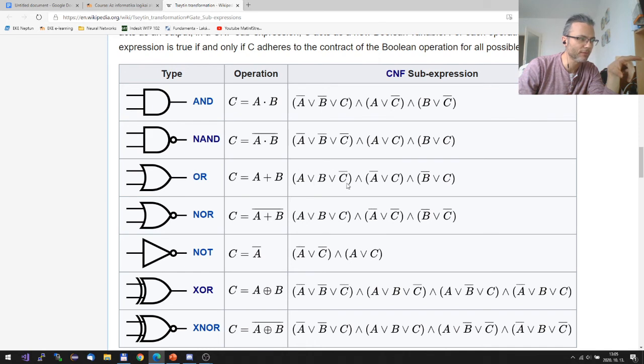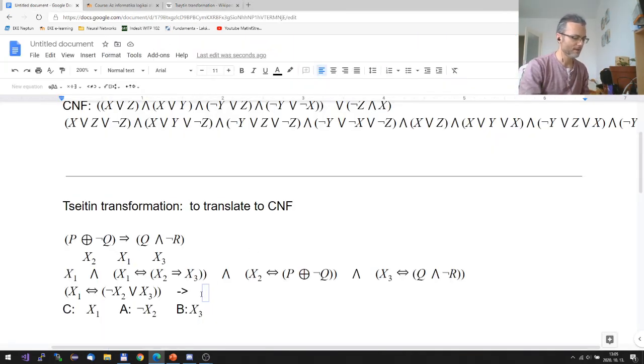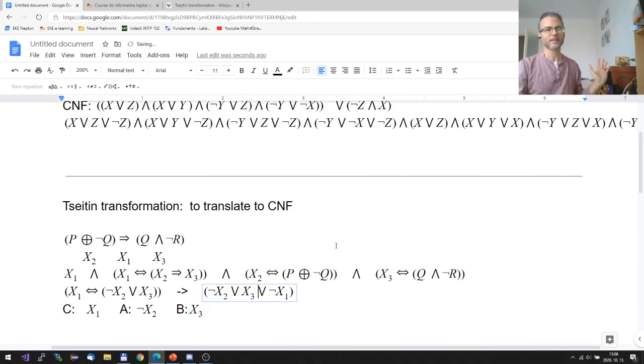So let's take the first one, A or B or not C. This is the first clause from the table. So let me now substitute all those literals here. So this is the first clause we get. Do you understand that?